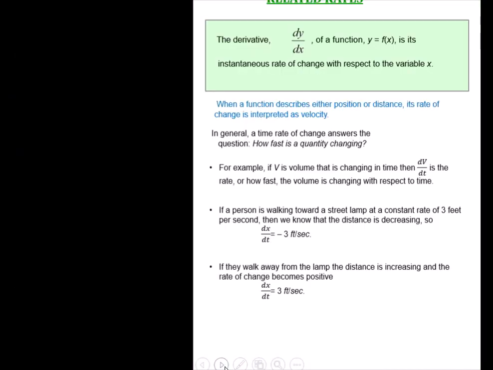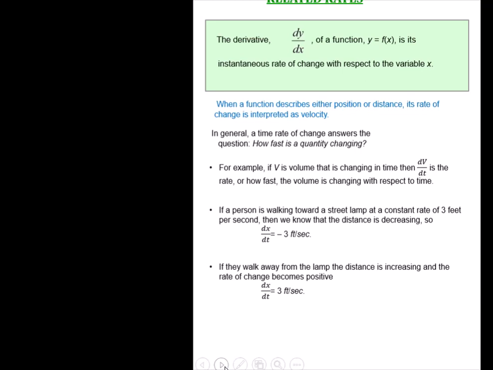Okay, so now we're going to go into related rates in a little more detail. As you can see here, the derivative dy/dx of a function y equals f of x is its instantaneous rate of change with respect to the variable x. And remember, in related rates problems, we're not solving for static quantities, we're solving for rates of change.